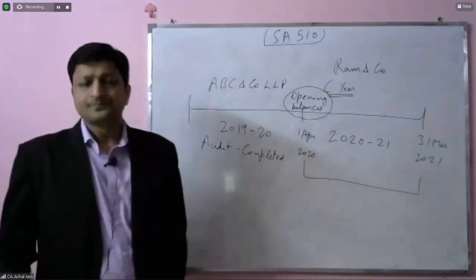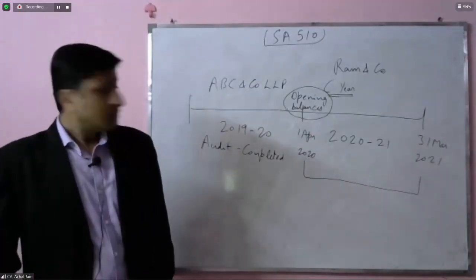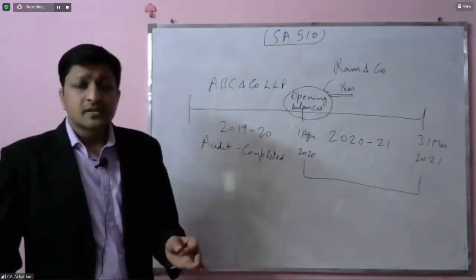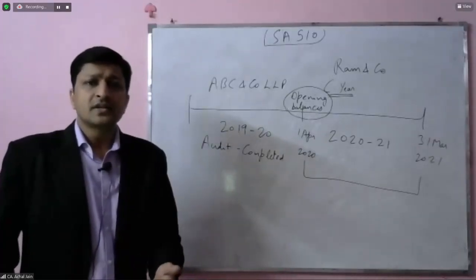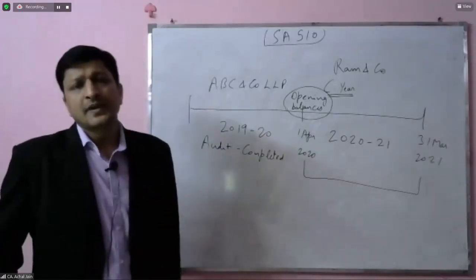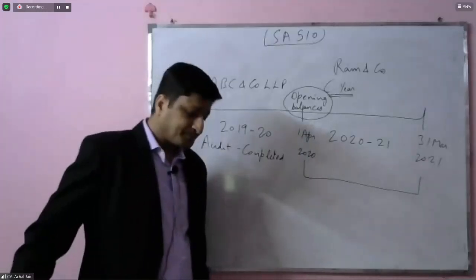So performing audit procedures on the opening balances becomes the responsibility of Ram and Company.